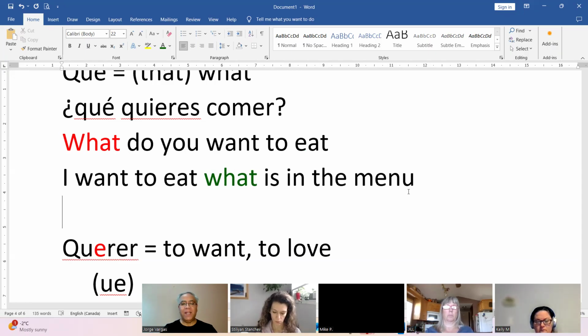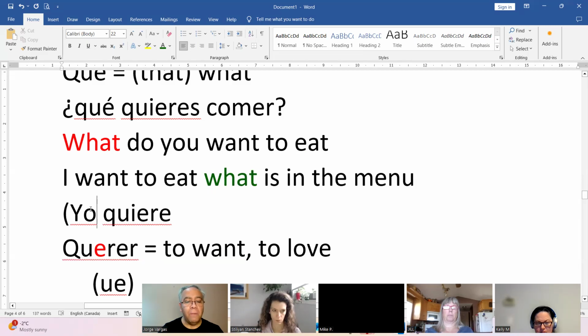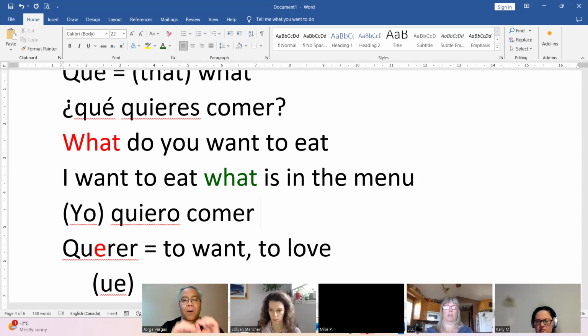What I mean by that is start with I want. Yo quiero. That is beautiful. For the way you did it, I'm going to put this in brackets because it's optional at this point. And then you'll say quiero comer, second verb, non-conjugated. And now is what we just learned.